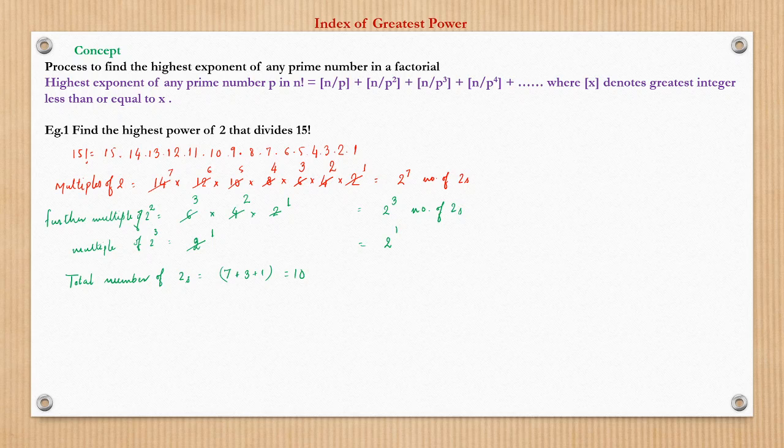So from here I can say that the maximum power which 2 can have in 15 factorial is 10, right? So IGP of 2 in 15 factorial is 10. This we can write.